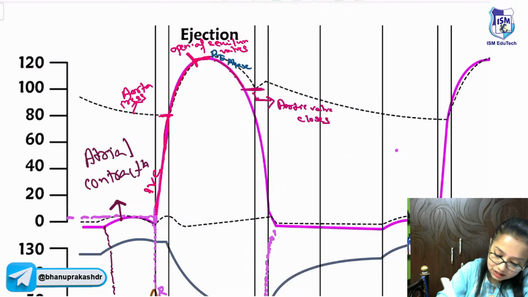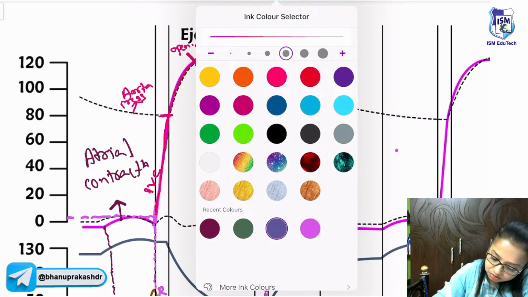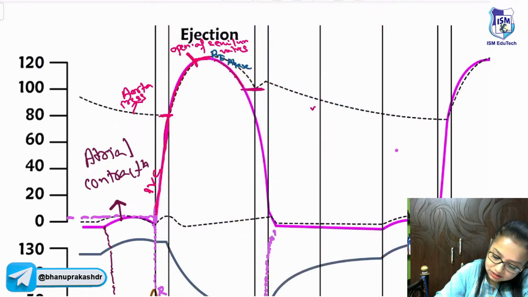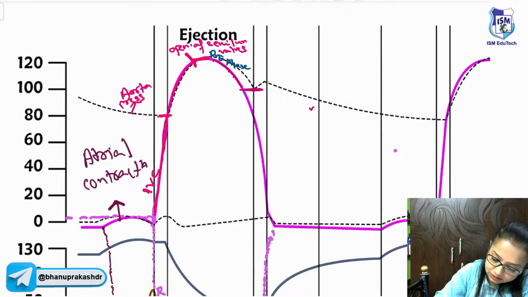Now I'm rubbing it off because we have to understand the change in the aortic pressure also. This is followed by further decrease in the pressure in the left ventricle. The slow ejection is happening. This is the slow ejection phase.